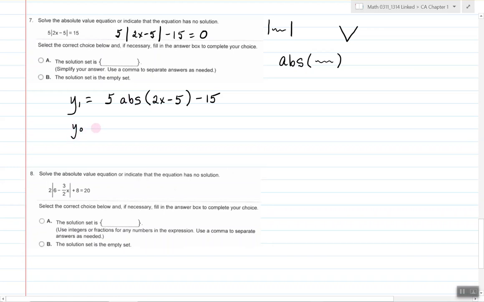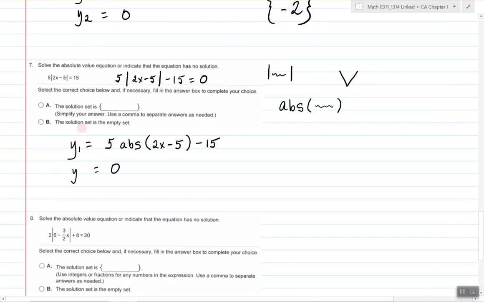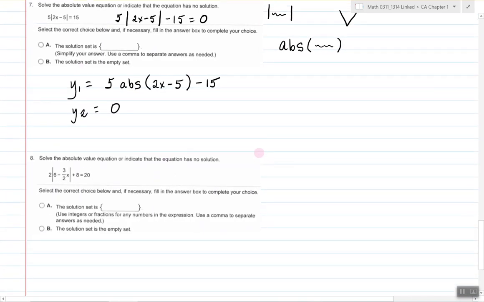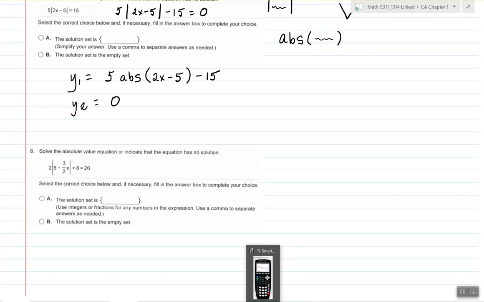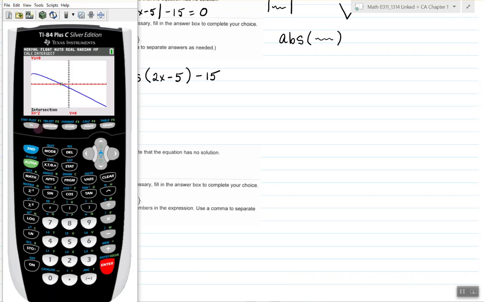And y2 will be 0. All right, so let's go to the grapher. Go to y equals and clear. All right, we start out with 5.